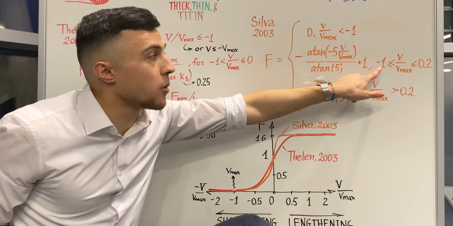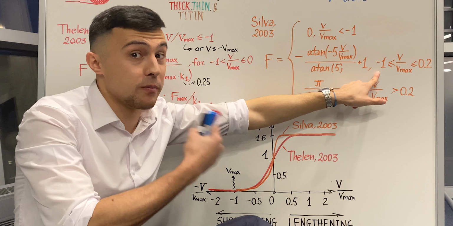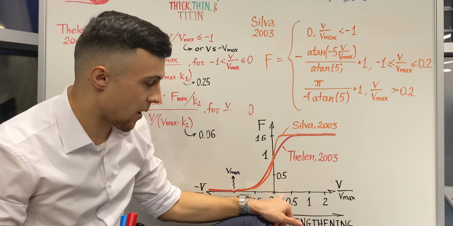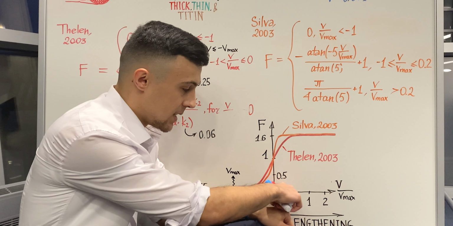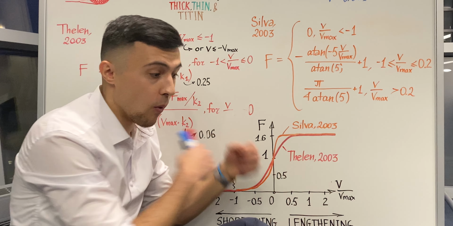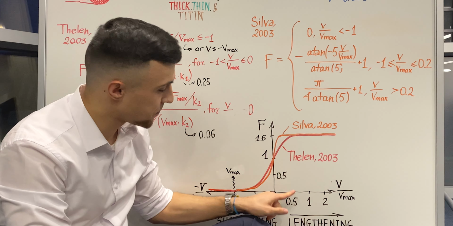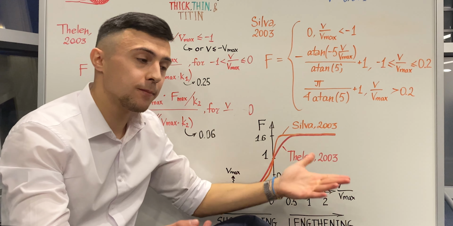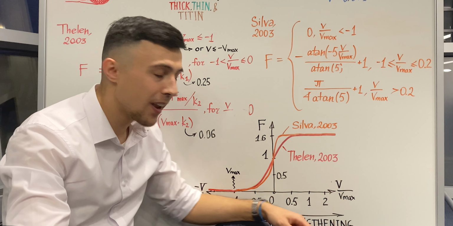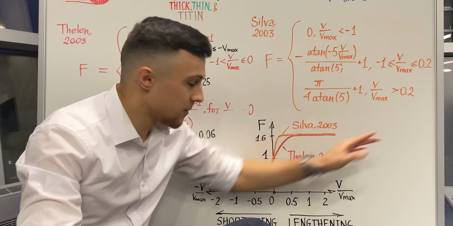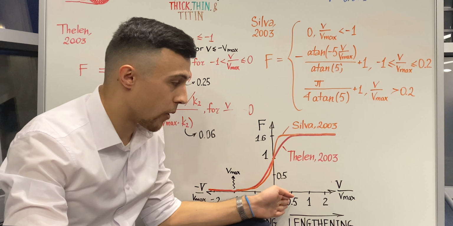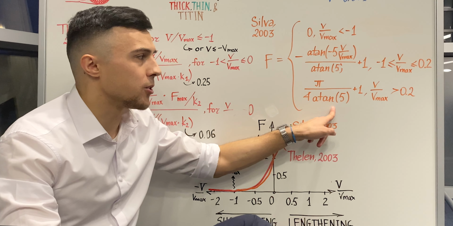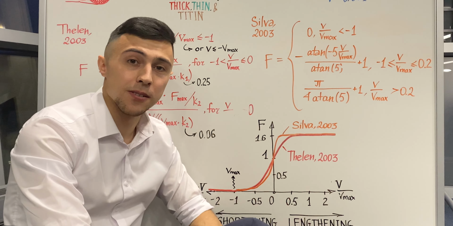Now, for the region from -1, so that maximum negative velocity of contraction, to 0.2 to somewhere here, we're already in the region of muscle stretch, we'll be using this relationship of arc tangents. Why? Well, it fit data pretty well. So then in the third region, when we're crossing 0.2 and going up the axis of the velocities, we'll be using another arc tangent with some other constants.